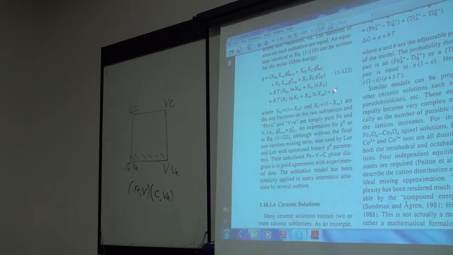You could have excess terms which could be added for fine-tuning if you want. So the main parameters of your model are always the G0s, and these G excesses. There is a G excess along here, of course, which is obtained from the iron-vanadium optimization.